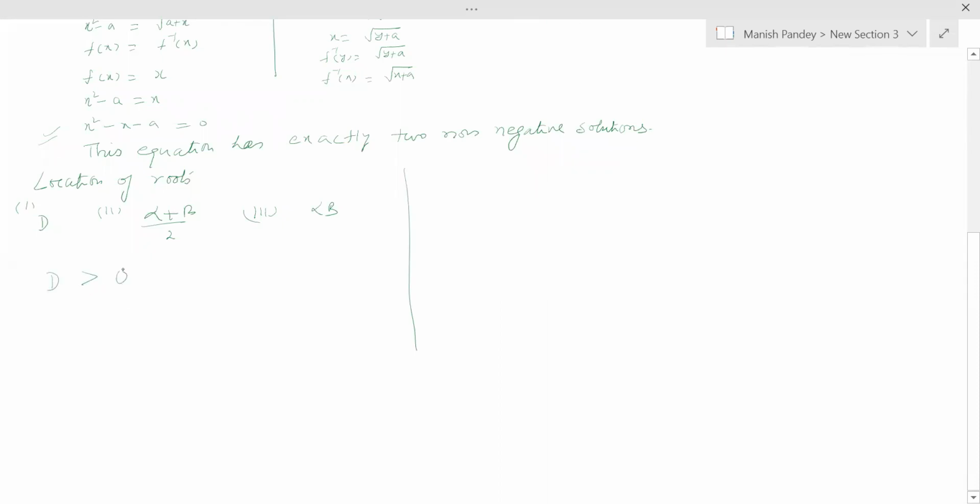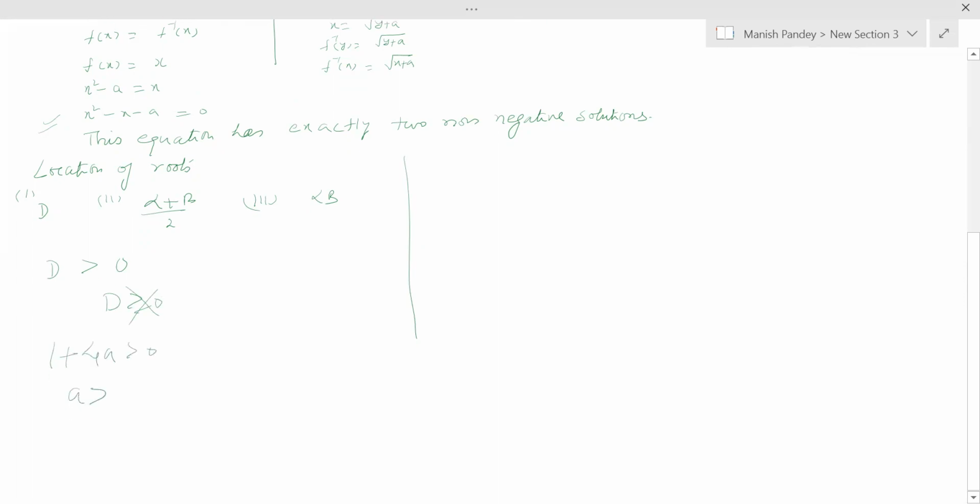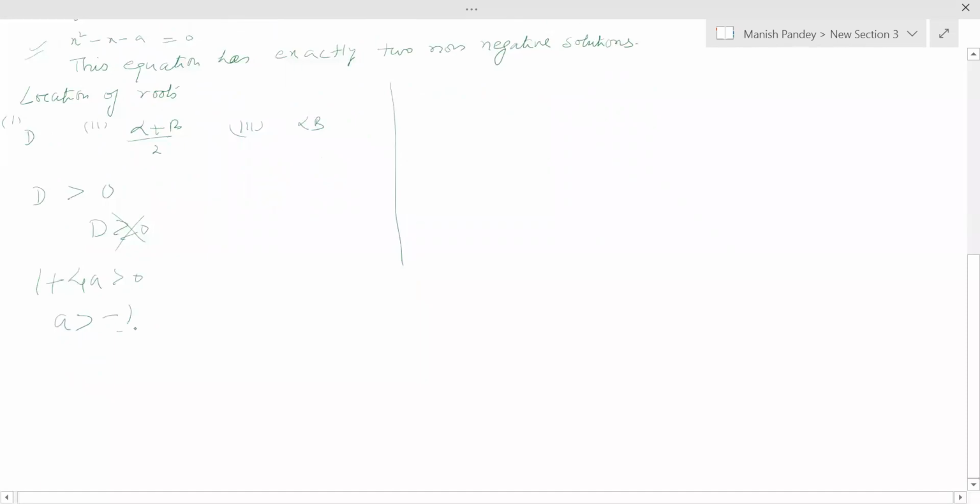Again I'm saying, because one root is 0, the other root which is positive, their sum will be greater than 0. We do not have to take D greater than equal to 0. So D greater than 0 gives 1 plus 4a greater than 0, so a will be greater than minus 1 by 4.